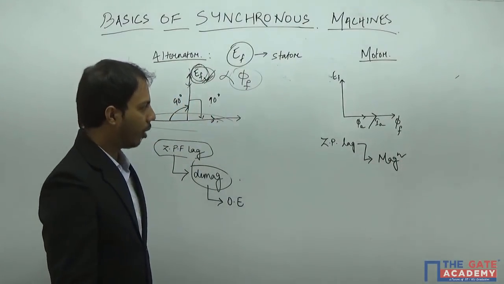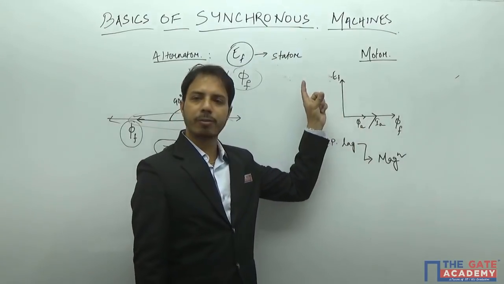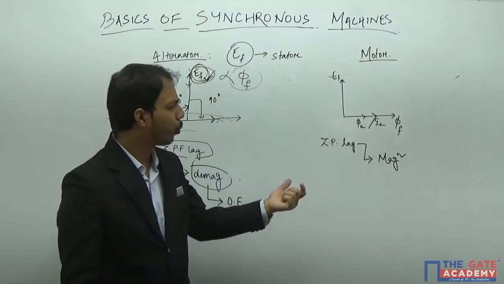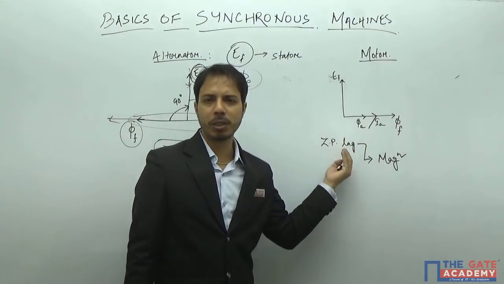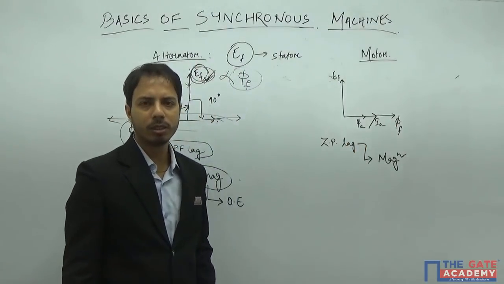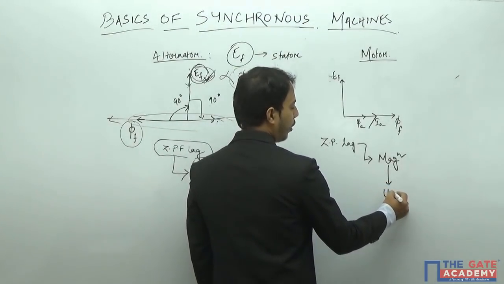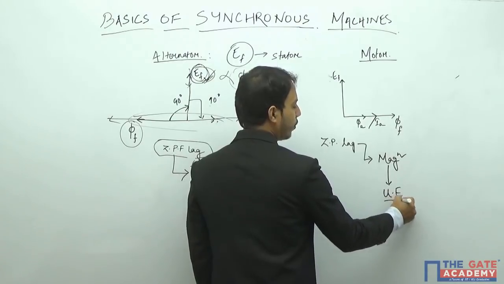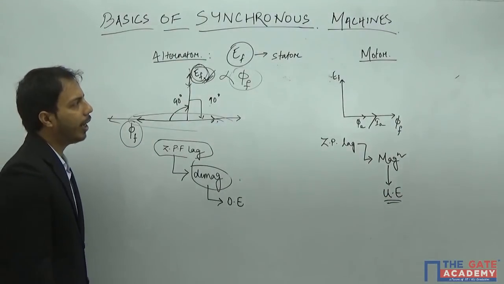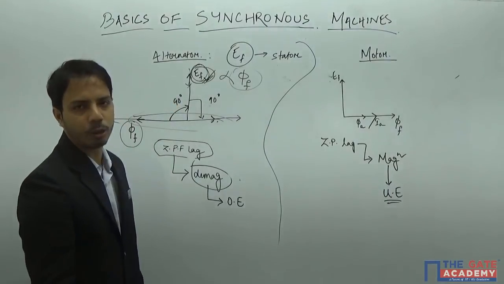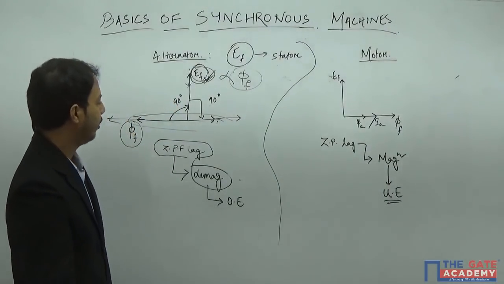Now my EF will increase. Suppose I don't want my EF to increase. So what I can do is reduce my field excitation, and if I reduce my field excitation, it will become under excited. So this is how we can relate excitation, under excitation and over excitation in alternator and motor.